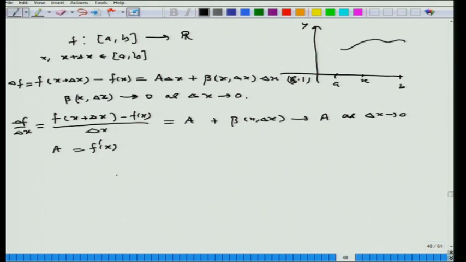And so, here this part is called the linear part in the increment, because it is linear in delta x. Therefore, this delta f is actually f prime x delta x plus beta of x comma delta x times delta x. Here this is the linear part in the increment of f.